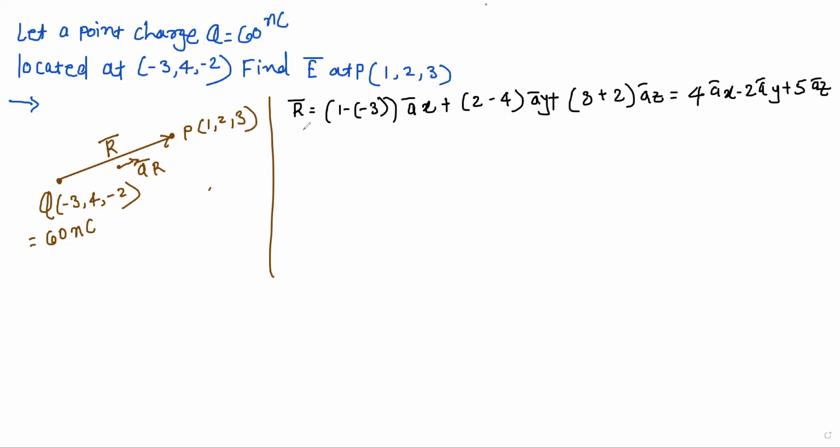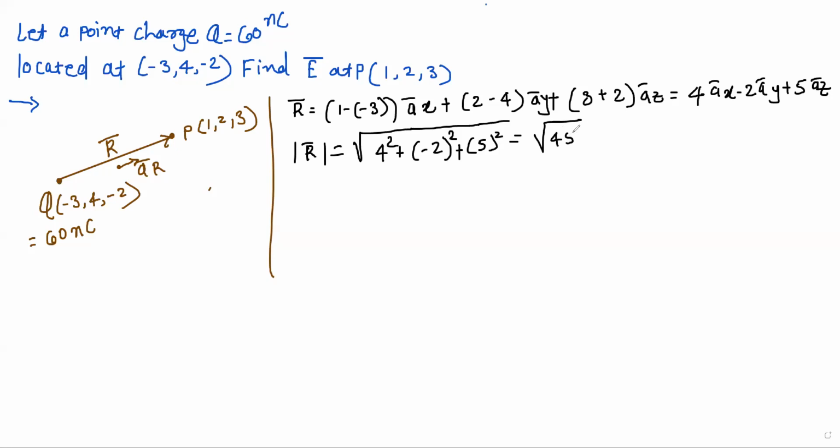right? Then we have the magnitude of vector r bar. It is equal to under root 4 square plus (minus 2) square plus 5 square, right? So what is the answer of this? Under root 45.